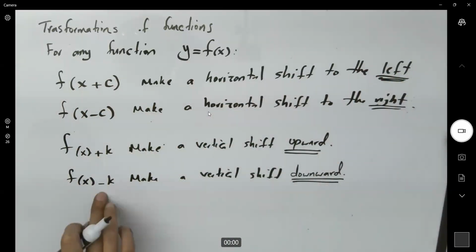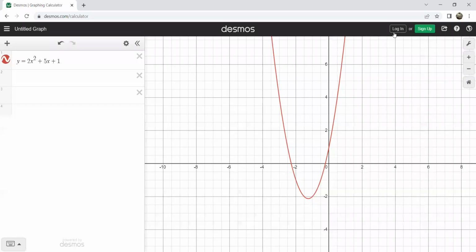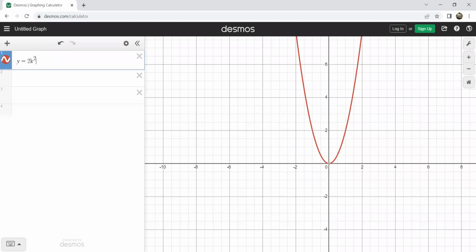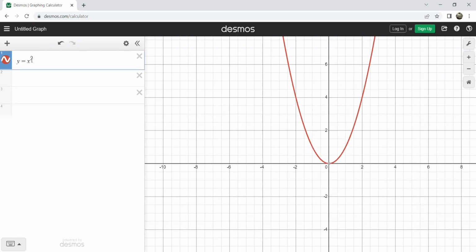Adding, subtracting to the y, vertical shift. Now, I'm going to give you a nicer graph, an easier graph to be drawn. Suppose you have y equals x squared, okay? This is just a quadratic function. The graph opens up, the parabola opens up.